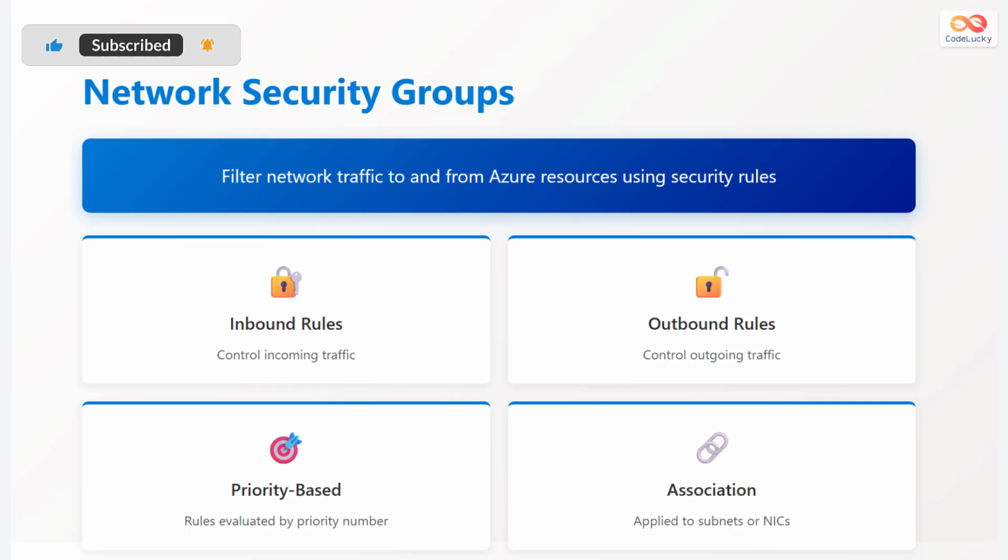The priority-based system evaluates rules by priority number, processing lower numbers first. Finally, NSGs support flexible association, meaning they can be applied at the subnet level to protect all resources within that subnet, or at the network interface card level for individual resource protection. This flexibility allows you to implement defense-in-depth security strategies.